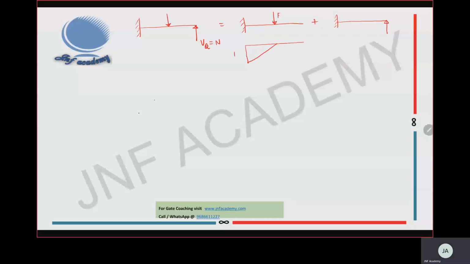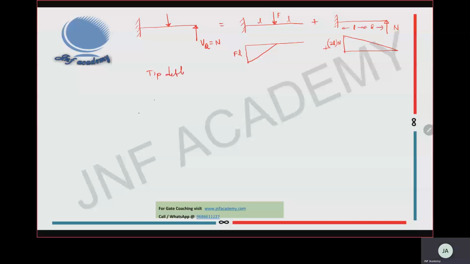This is FL, from here to here is L, another L. Then N will come on the upper side, 2L into N. Already we have one relation for a cantilever beam with tip loading condition. I can use it here.